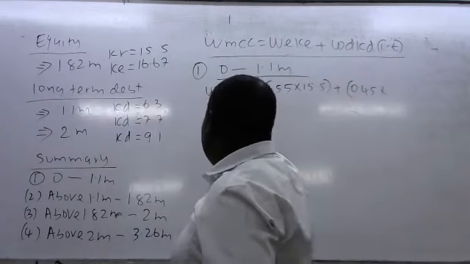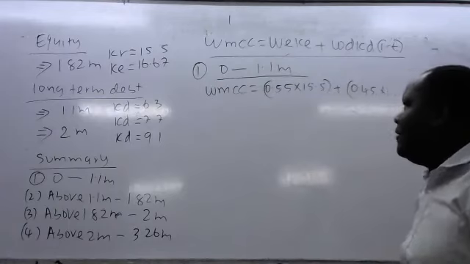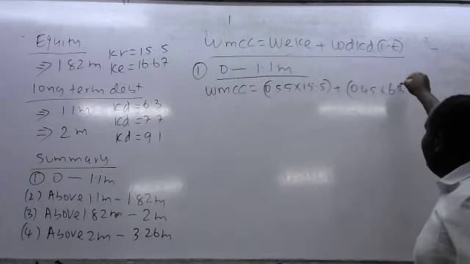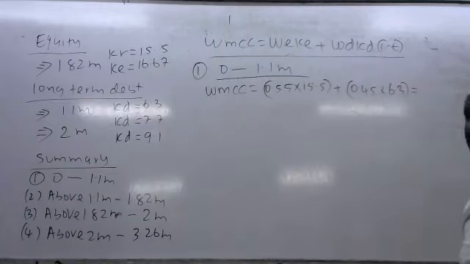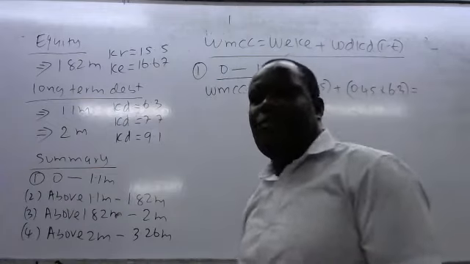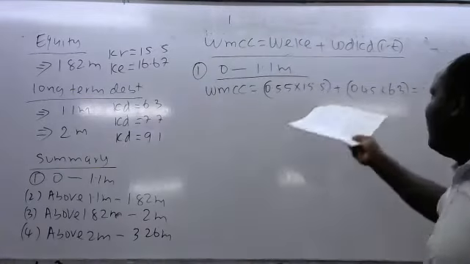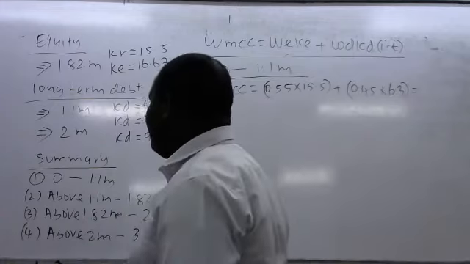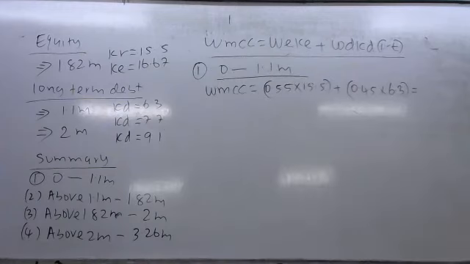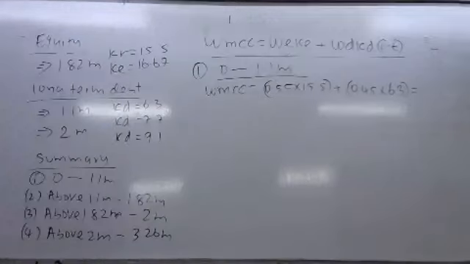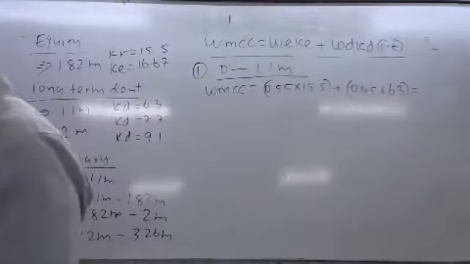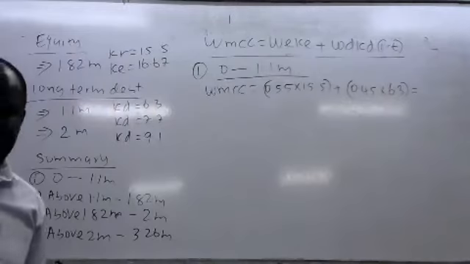Here we are from 0 to 1.1, so you apply 6.3. That figure is already taxed, so we shall not tax again as per my formula. So that is now for the one between 0 and 1.1 million, and that should be the WMCC for that level.